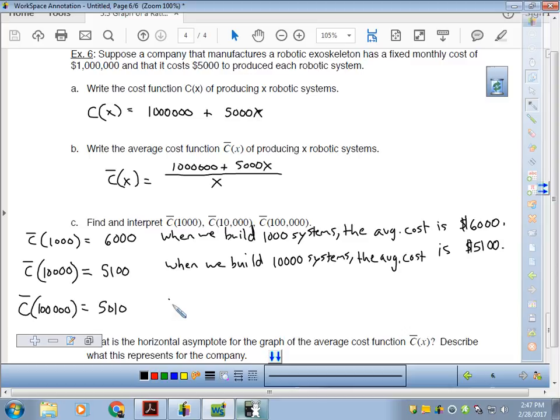And so if we're interpreting it, we can say when we build 100,000 systems, the average cost is $5,010. And notice, as the number of systems has gone up, the cost has dropped. And that's usually true with producing things. The more of them that you produce, the cheaper each one is to actually make.